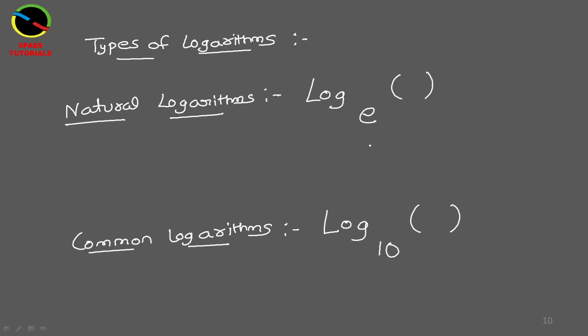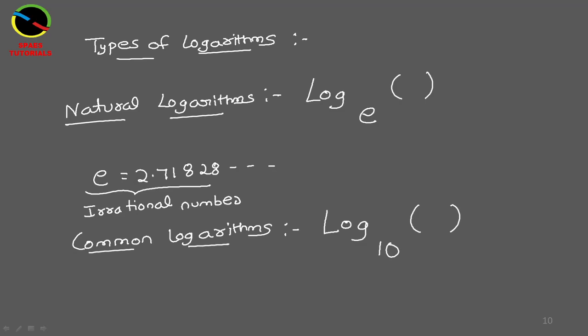Very simple thing. Sir, what is this number e here? There is a reason why we have taken it. e has a value of 2.71828 and so on. This is an irrational number. Like we know in mathematics we have one more irrational number, pi, which we generally use a lot of times.